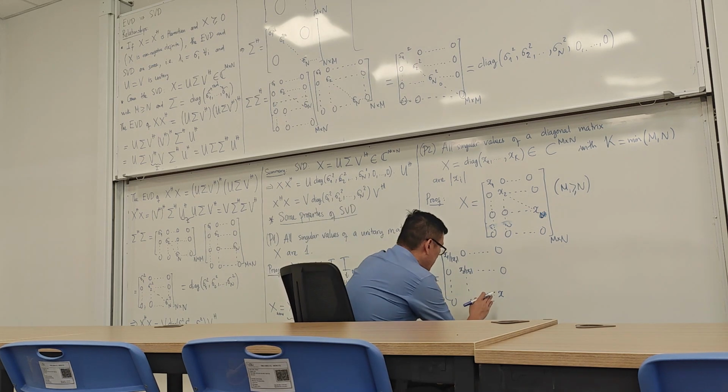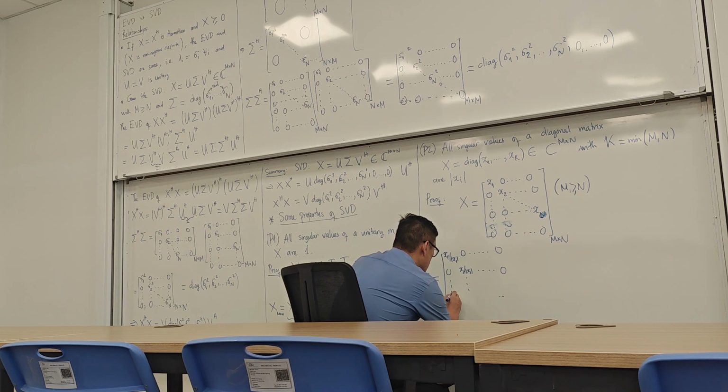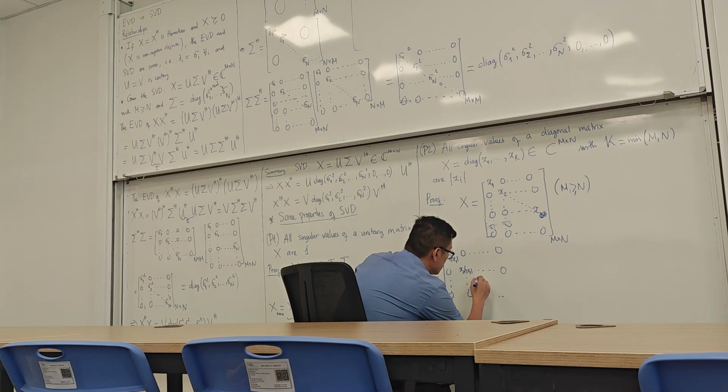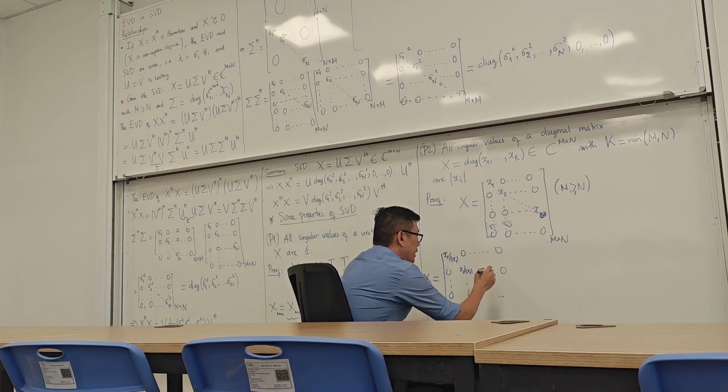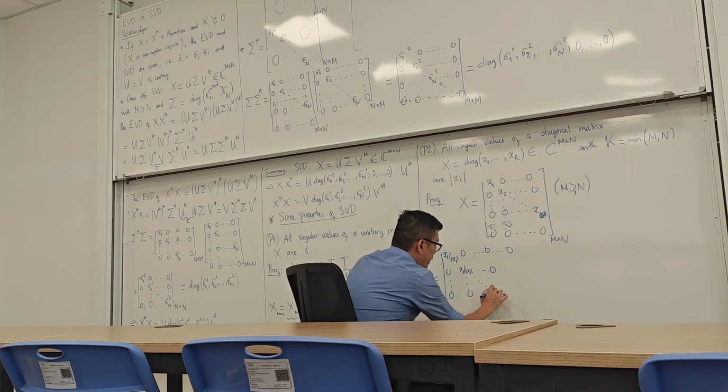Okay, I think I should be very careful with this one. So this is 0 here, 0 here, sorry, I think I need one more column here, maybe 0 here, and then 0 here, and this one I have x_n divided by the modulus of x_n, like this.